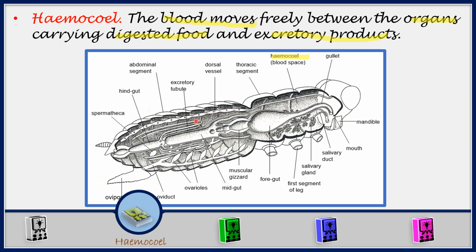As it is moving through that space, it is moving with digested food, and it is also carrying excretory products as it passes between the different organelles. It is distributing digested food, and it is collecting the excretory products.